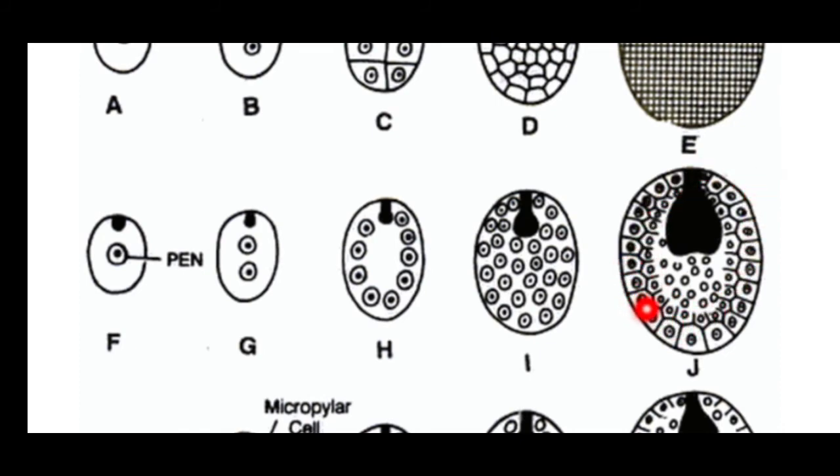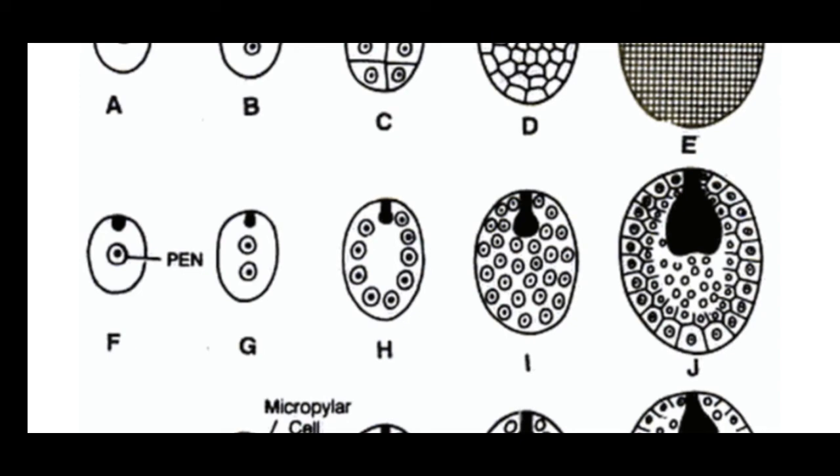It will have a cell wall synthesized around it, so cells will be at the boundary, forming a cellular layer. But the central area will still have all those simple nuclei accumulating in the central area.